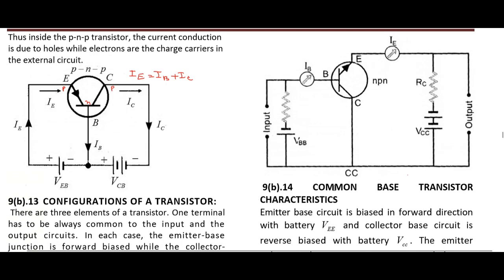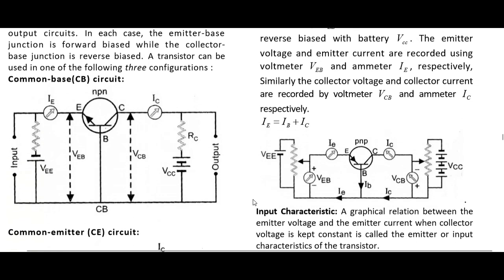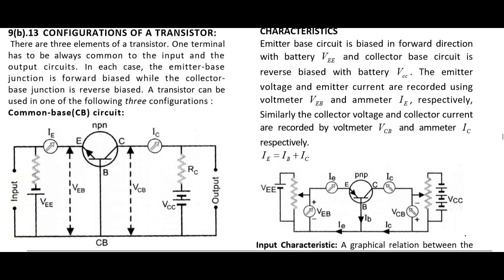This is the circuit for common collector. Now the next case, in this way we have got three basic configurations: common base, common emitter, and common collector.